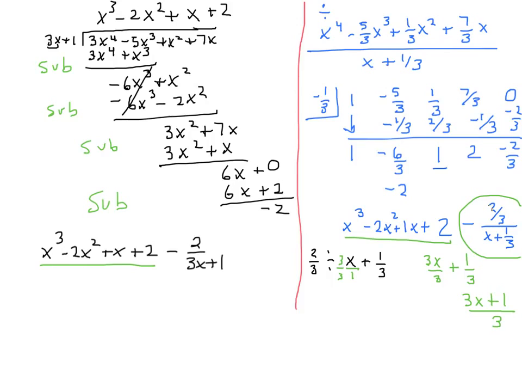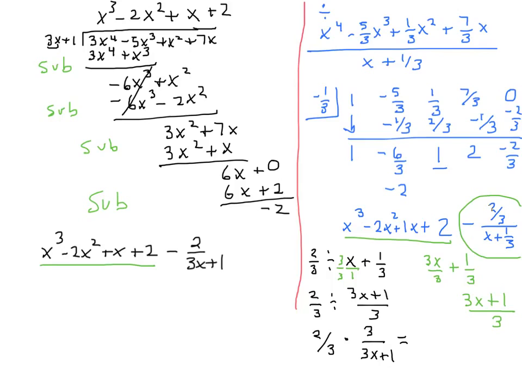So now when I go to divide, I can say this is 2/3 divided by 3x plus 1 over 3. And if you remember your fractions, when you divide a fraction, you actually multiply by the reciprocal. So that's 3 over 3x plus 1.